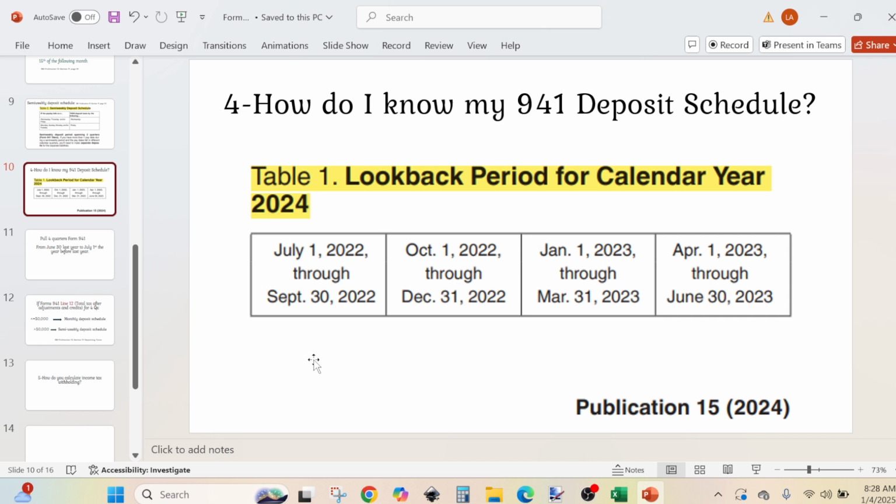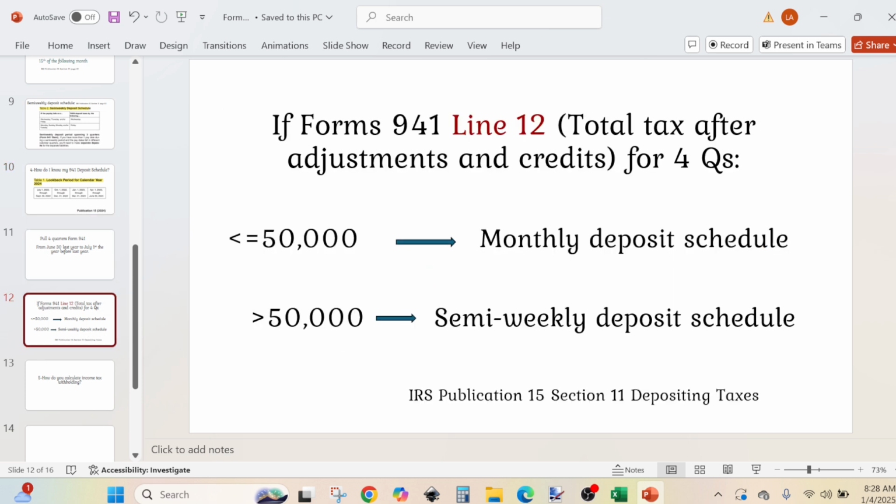And if you are a new employer, then you will be a monthly depositor, in the sense that your lookback will be 0, which is less than $50,000.